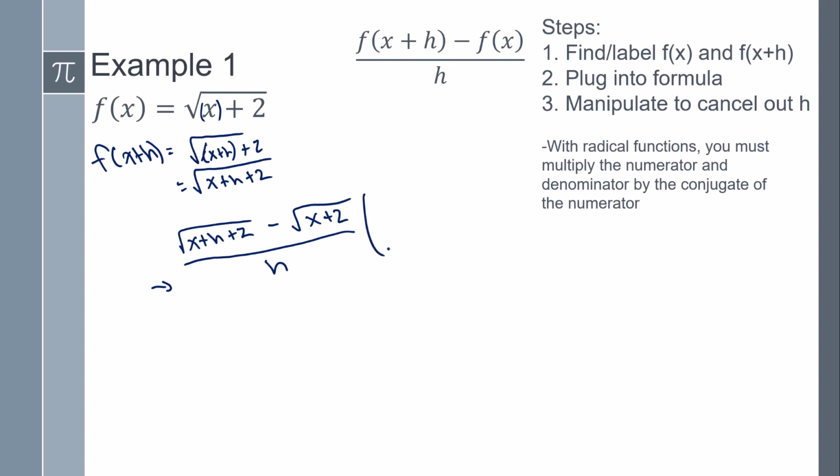So whatever the conjugate is of this top value here, you're going to multiply the top and bottom by it. So that's the square root of x plus h plus 2 plus the square root of x plus 2. And you're going to do that to the top and the bottom.